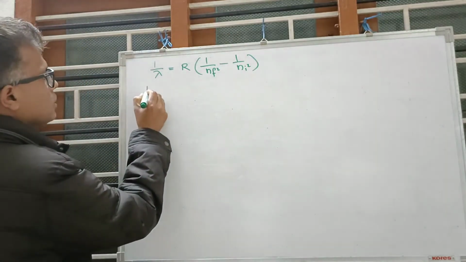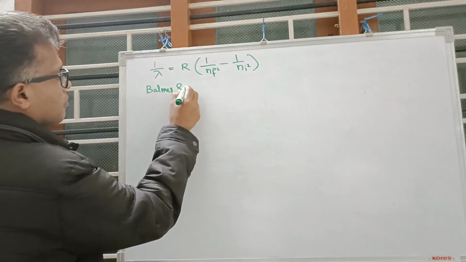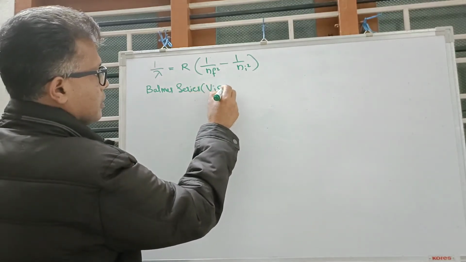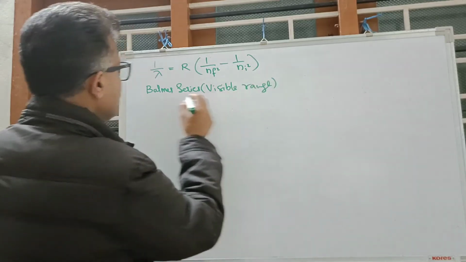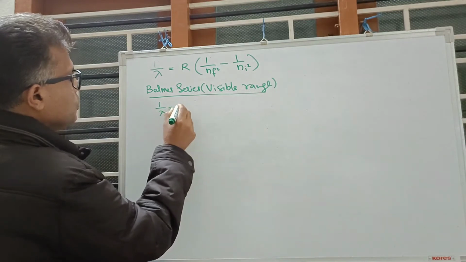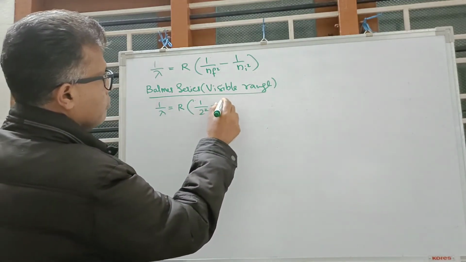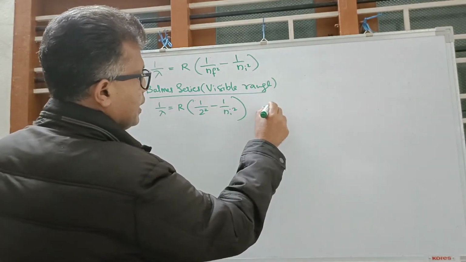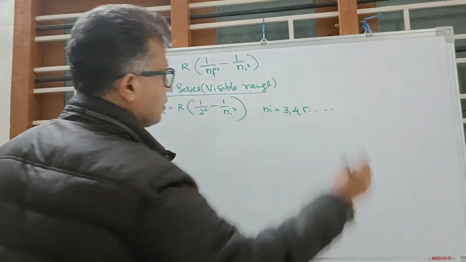If it is a Balmer series, a visible range, the equation becomes 1 by lambda is equal to R into 1 by 2 square minus 1 by Ni square, where Ni is equal to 3, 4, 5, etc.